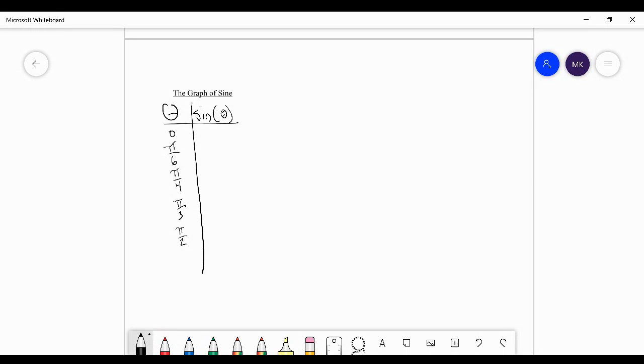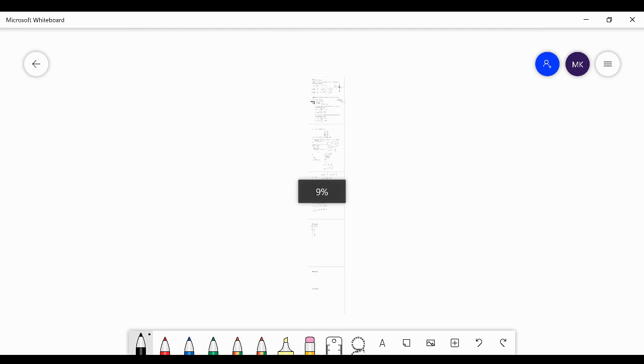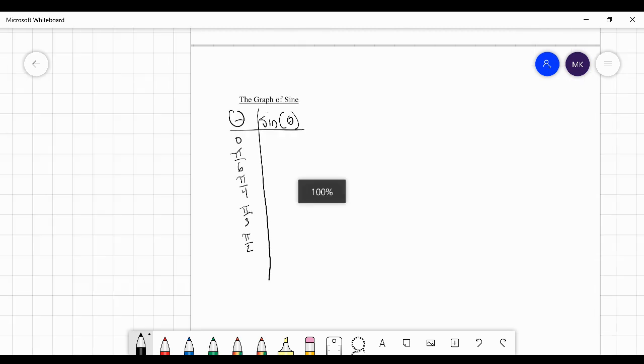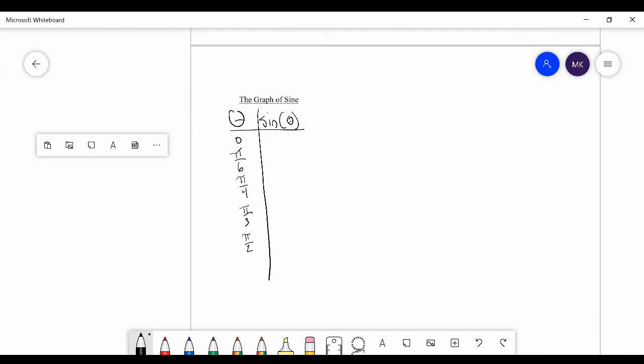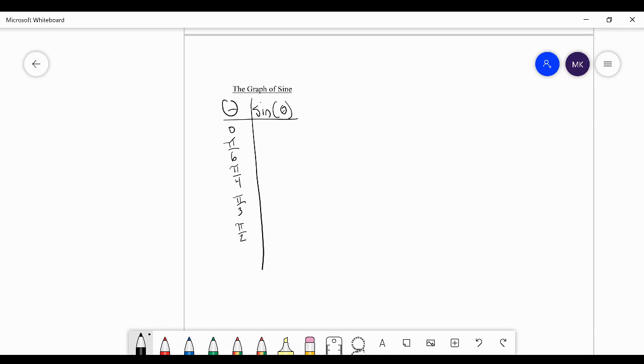So sine of theta, we're at 0. You could definitely grab your calculator and use it, but I'm going to give you a little hint. 0 is the same as 0. Pi over 6 is 30 degrees. Pi over 4 is 45 degrees. Pi over 3 is 60 degrees.